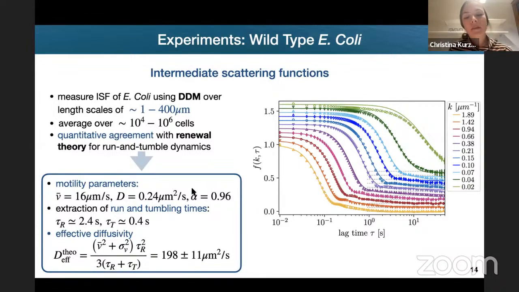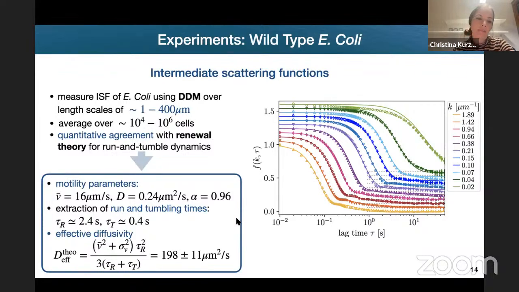And then the motile fraction, which is actually really high. These three parameters have been obtained before, and there have been several ways to get them quite rapidly. But what has been really hard was to extract the run and tumble times, and these we were able to measure. We have a run time of 2.4 seconds and a tumble time of 0.4 seconds.